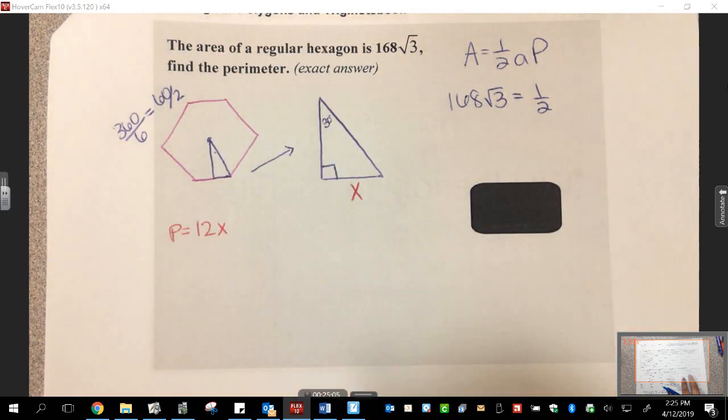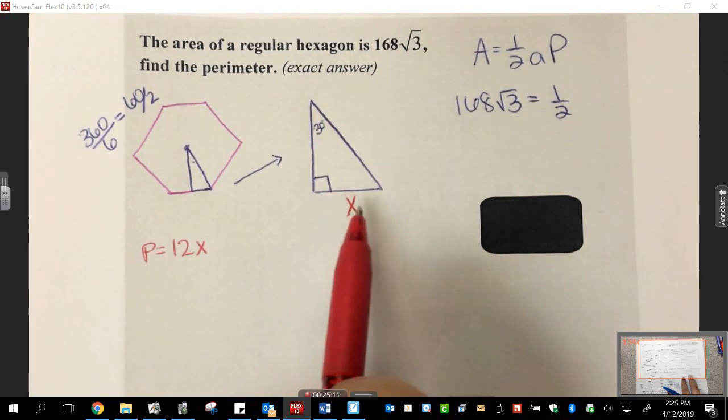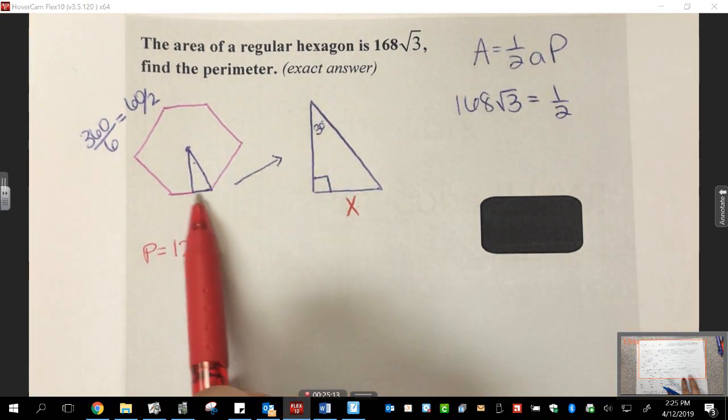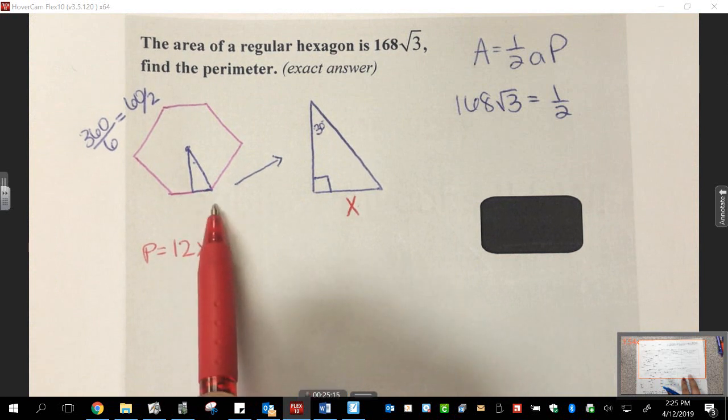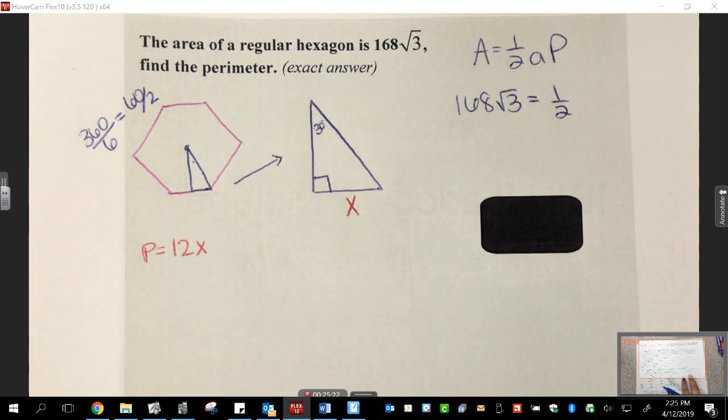Does everybody see how I just got the perimeter is 12x? Let me say that again. If this is x, then what's the entire side? And then how many sides are there? So 6 times 2 is 12. Okay. We have a perimeter.